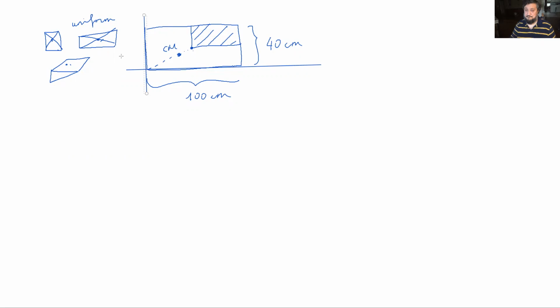You can divide that shape into 3 equal parts. So let me use a different color here, red. And for instance, you can take this part here.